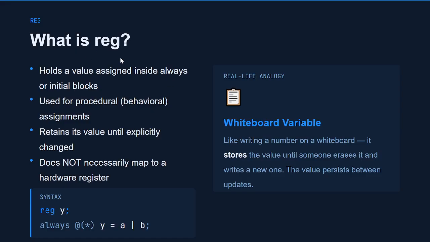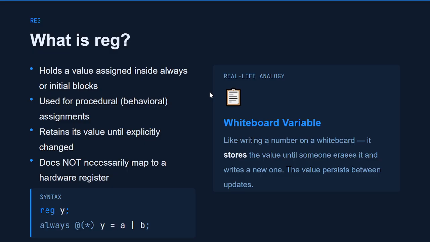So what does this do? Reg will store a value, first it stores a is equal to 0, b is equal to 0. After proceeding with that, it checks for any other sensitive list, any other updated value. If a is equal to 0, b is equal to 0, task is done, it will check whether there is any other condition to check.